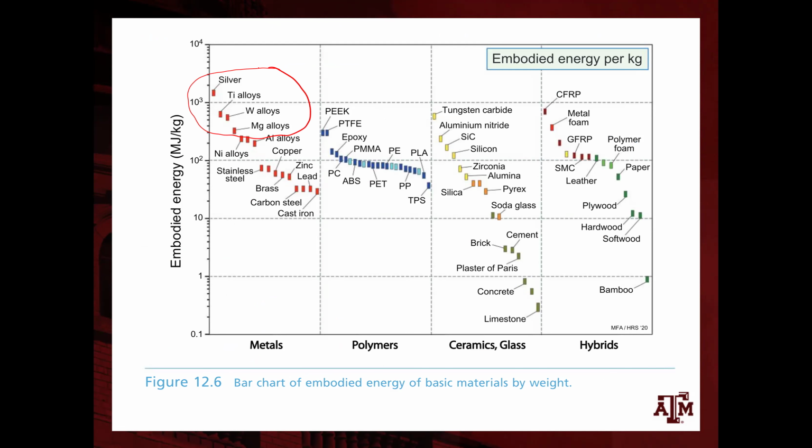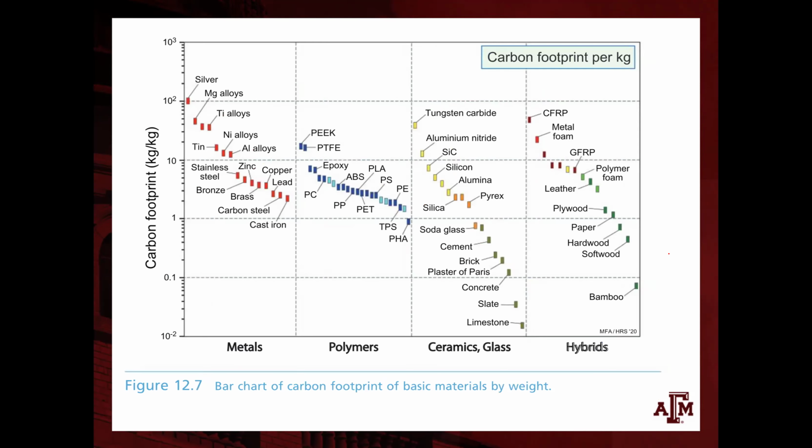The advanced alloys, advanced technical ceramics, and even some of the polymers and plastics and carbon fiber reinforced plastics like here, all take a lot of energy to make, and that will again go hand in hand with the carbon footprint, because unfortunately we're still not using enough green energy sources as we should be.